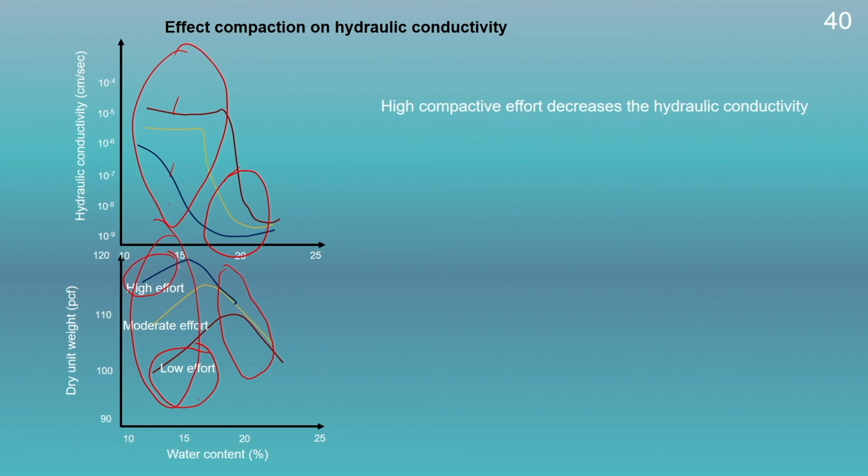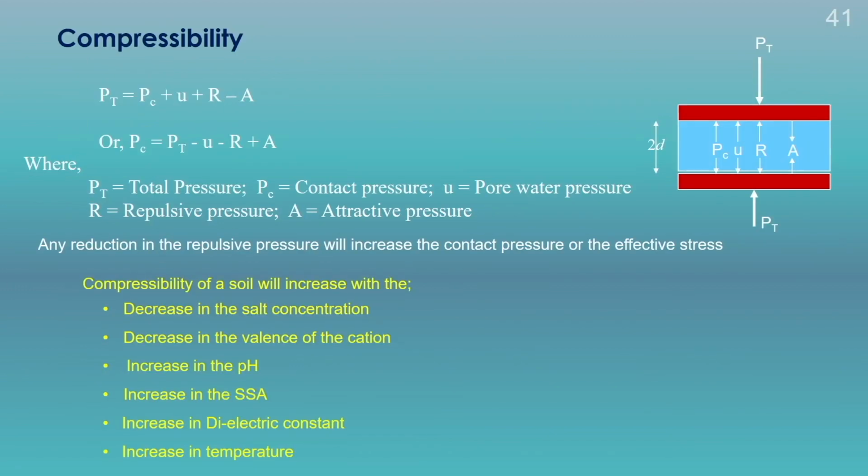Mostly on the dry side, the fabric is flocculated, therefore, the hydraulic conductivity is significantly high, and at low effort a large amount of pore space will be present here which could not be broken, therefore, the hydraulic conductivity will be high. But with increase in the compactive effort, the flocculated structure can be broken, and therefore, the hydraulic conductivity will be less here.